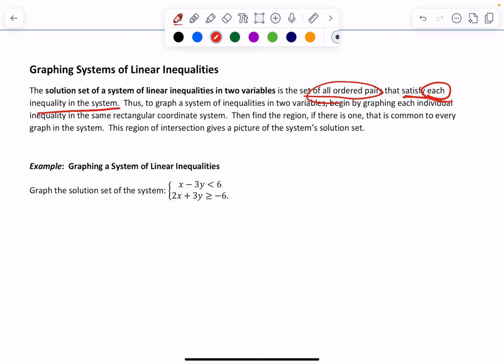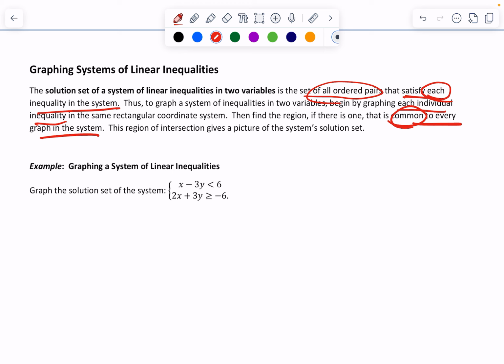Thus, to graph a system of inequalities in two variables, begin by graphing each individual inequality in the same rectangular coordinate system. Then find the region, if there is one, that is common to every graph in the system. And this region of intersection gives a picture of the system's solution set.